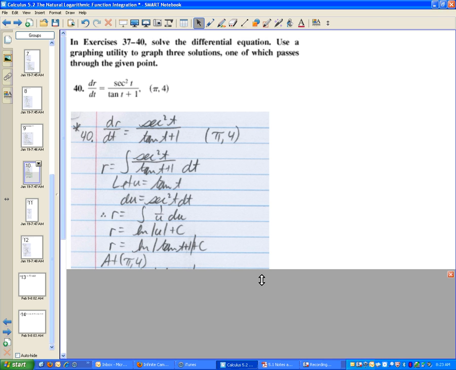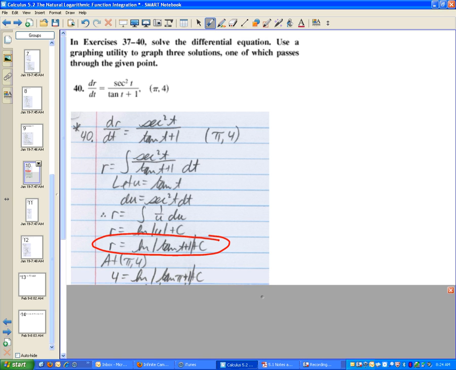The t is which one? t is x, r is y. r is the name of our function, so it's the y. t is our variable, so it's the x. So replace, in your general solution here, replace r with 4 and replace t with pi to give us 4 equals the natural log of the absolute value of the tangent of pi plus 1 plus c.